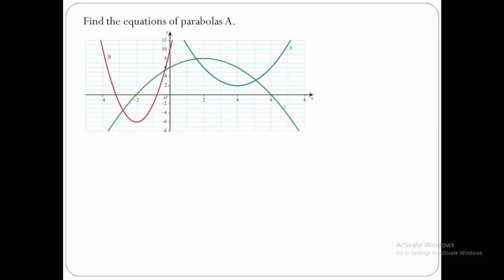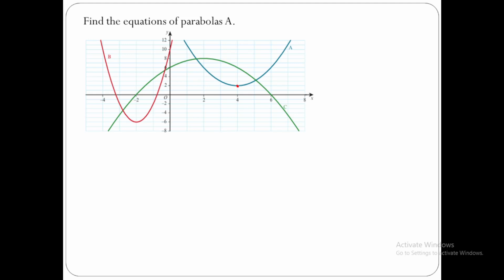Now initially we look into graph A, the blue color graph, and we have to determine what would be the equation of parabola A to sketch like this. Initially we have to find some points. First I can find the vertex.